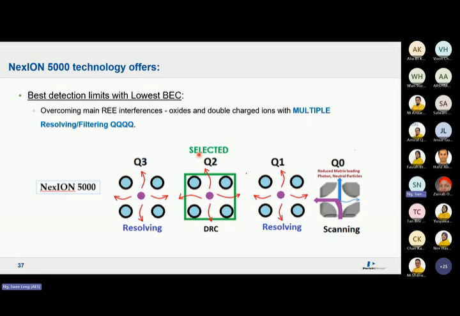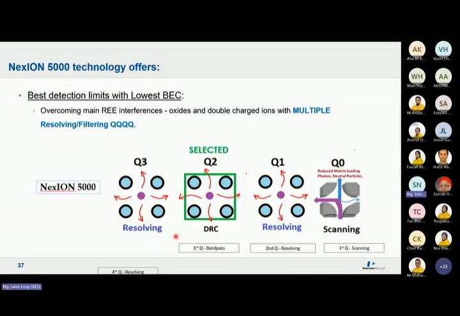That means the contribution of reading from your background, you want to remove until the lowest reading. Because we have 4 quadrupoles, first filter, second filter, the Q2 which is a cell filter, and then the third filter. So we have 4 times filtration for this ICPMS, the latest we have.